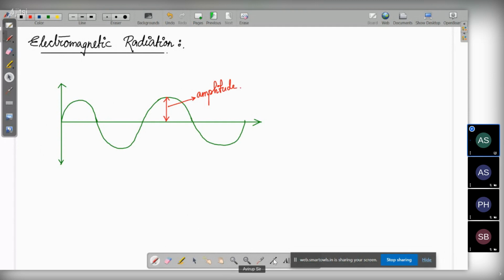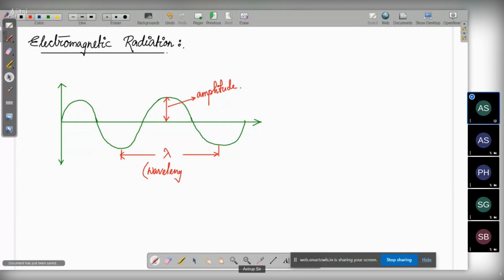So then tell me this one. What is this distance called? This is known as the wavelength, lambda.